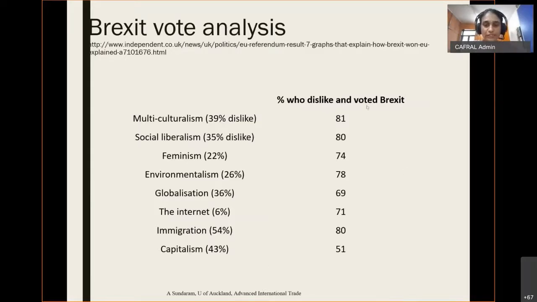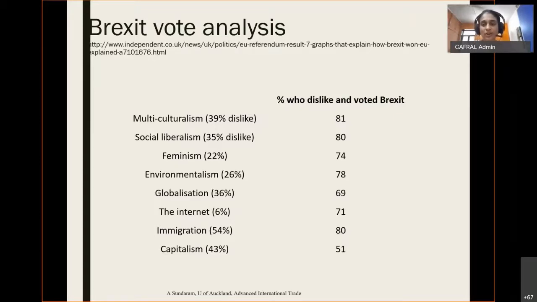And if you look at the polls that were coming out of the UK at that time, for example, this independent poll here looks at the percentage of people who say that they dislike these particular words and who actually voted Brexit. And you will see that it's almost 80%, right? So there's a very high correlation between those who said that they don't like immigration and actually voted Brexit.